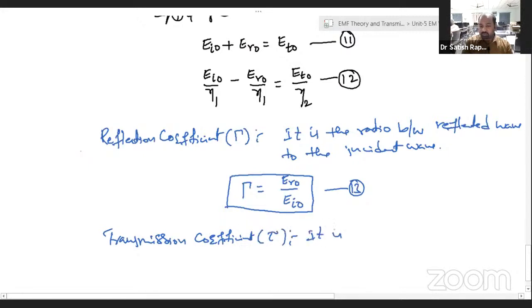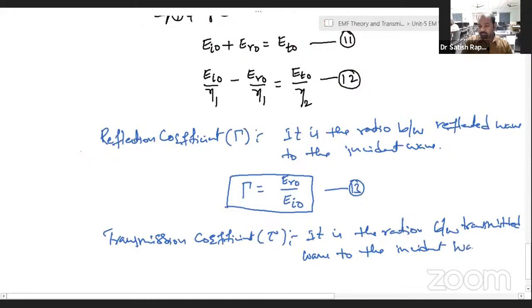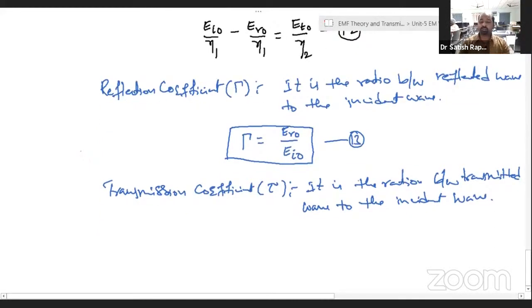It is the ratio between the transmitted wave to the incident wave. In other words, transmitted electric field to the incident electric field. Therefore, tau is equal to E T naught divided by E I naught. This is defined as the transmission coefficient, and this is equation 14.